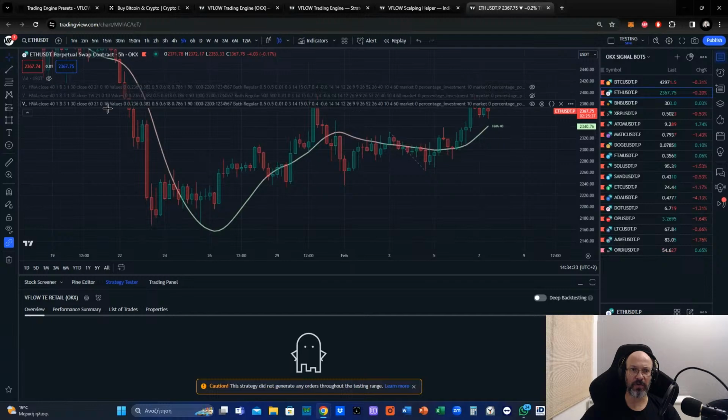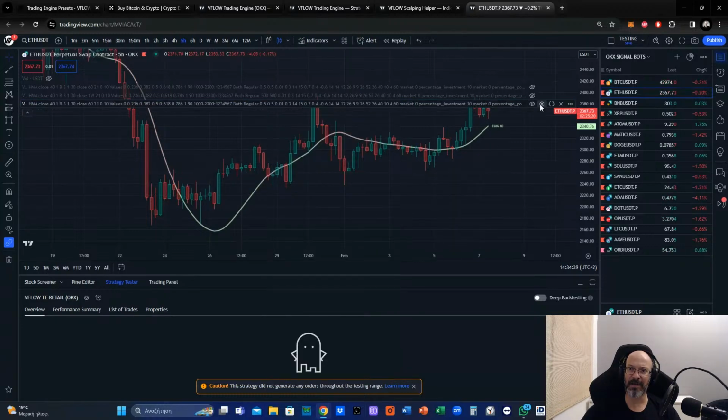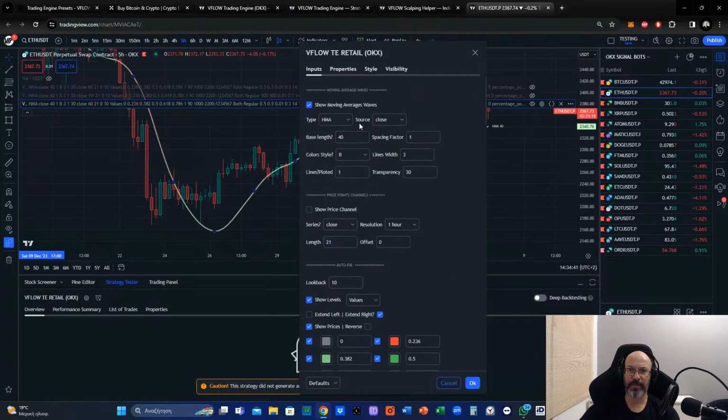So let's go to the settings initially, because we want to have a very good chart. We'll go to properties, and we check here, click here to not have lines. We're going to also adjust the thickness of the price channel. Now we can go to inputs, and we are going to use the price channel.